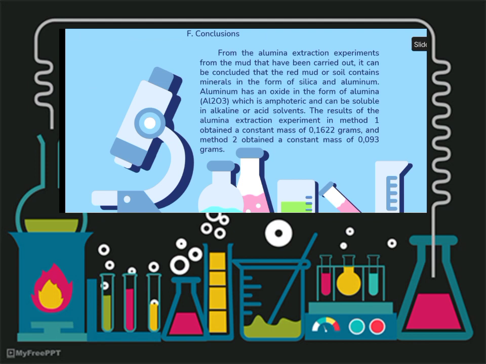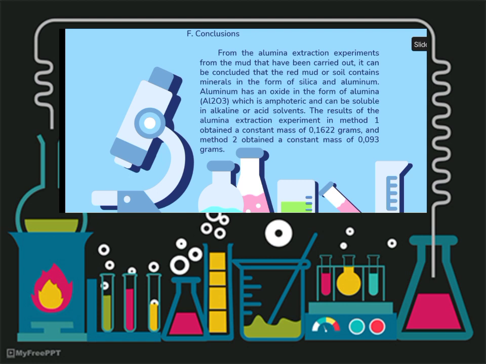Conclusion: from the alumina extraction experiment from the mud that has been carried out, it can be concluded that the red mud or soil contains minerals in the form of silica and aluminum. Aluminum has an oxide in the form of alumina or Al2O3, which is amphoteric and can be soluble in alkaline or acid solvent.